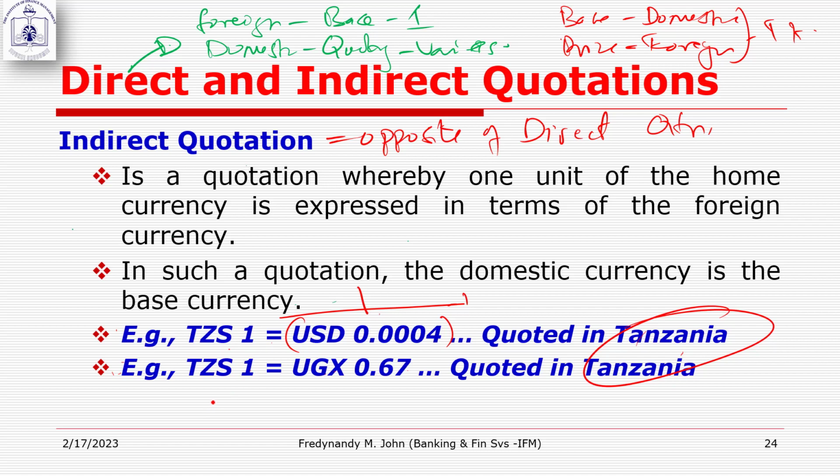For example, direct quotation of this currency means now I want to determine how many Tanzanian shillings will purchase 1 USD. All you have to do is to take 1 divided by 0.0004. So if you were to take the reciprocal of that number, you'll end up with 2,500, meaning that 1 USD equals Tanzanian shillings 2,500.